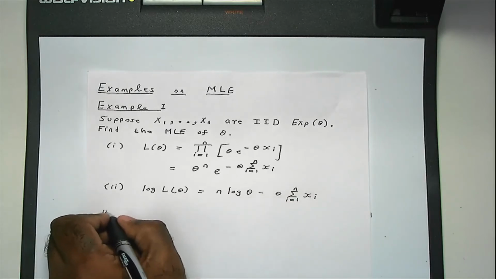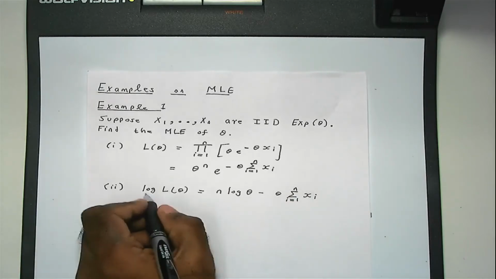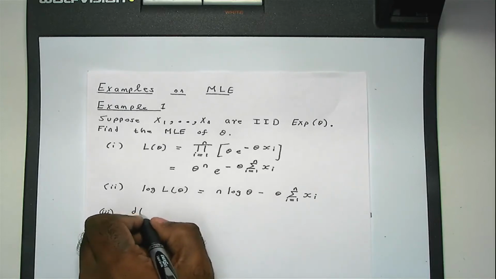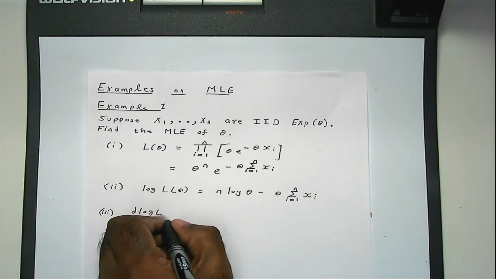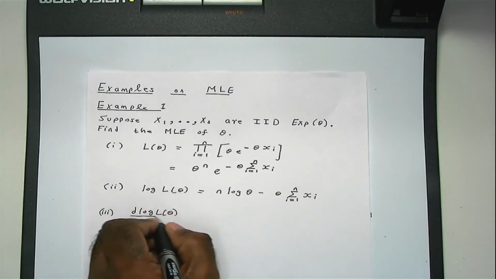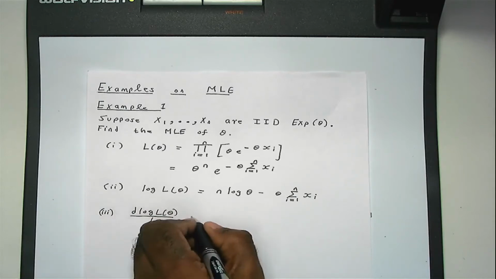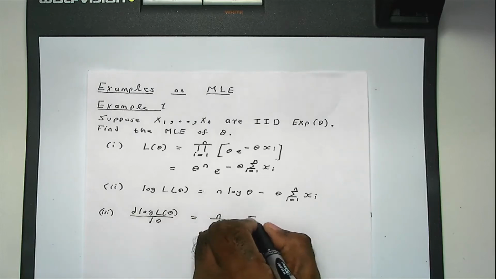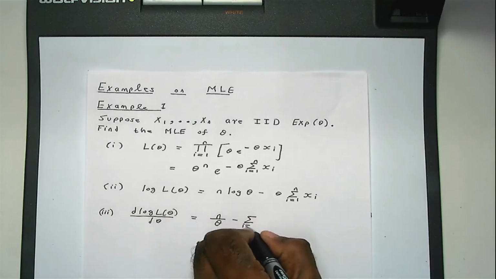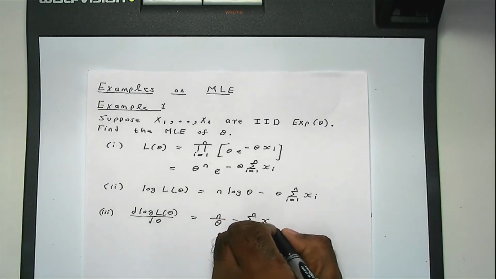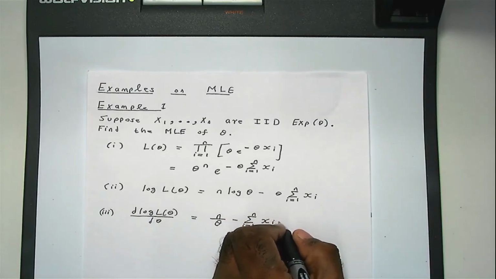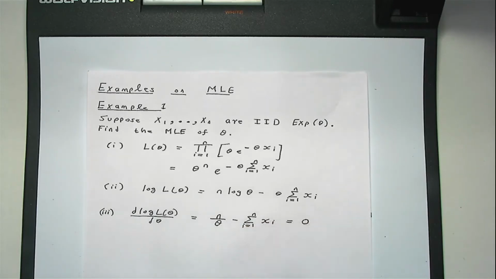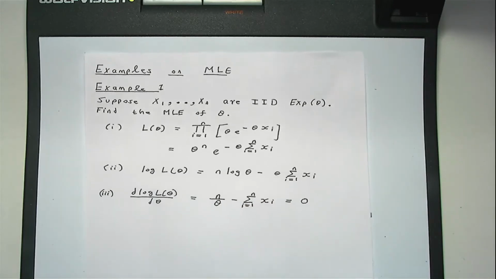And step 3 is to take the derivative of this with respect to theta. So it's going to be n over theta minus the sum of xi. And setting this equal to 0, we need to solve for theta.